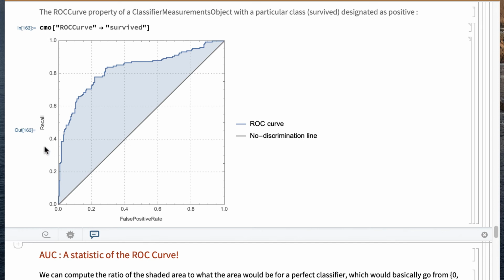So the shaded area between the ROC curve for the classifier we have and the ROC curve for a worthless classifier has a name. It's called the AUC, the area under the ROC. The concept, by the way, is very similar to the Cohen-Kappa statistic, where you're sort of calibrating the worth of the statistic by reference to what a worthless classifier would do.